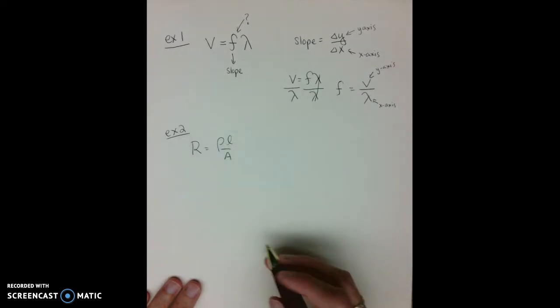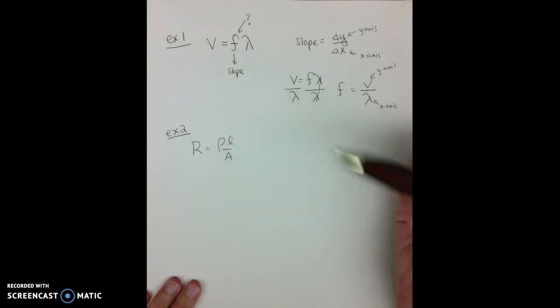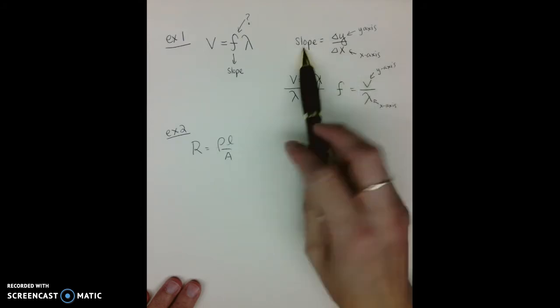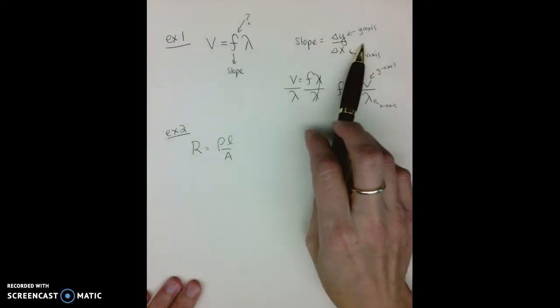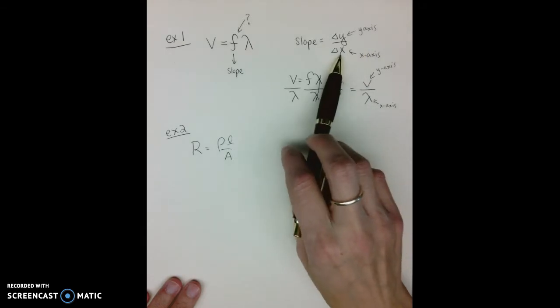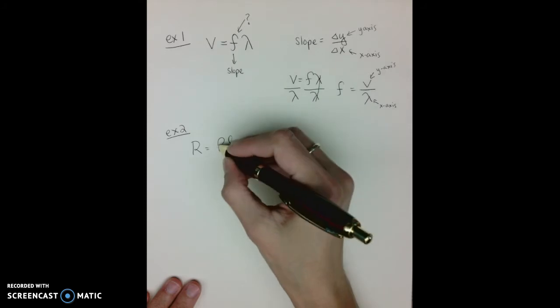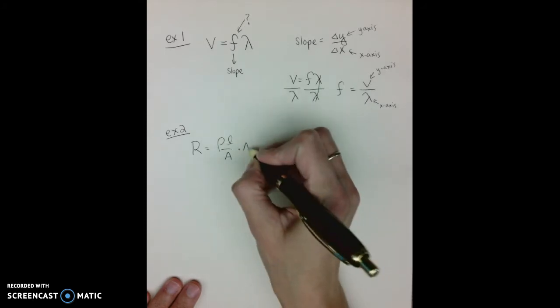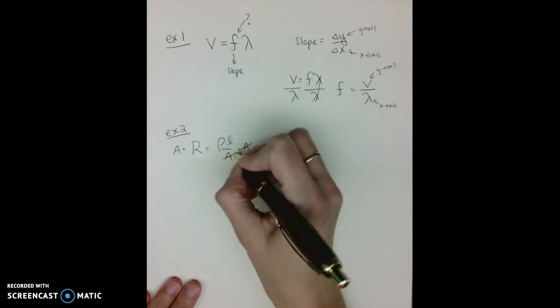And so the way that I would do that, again, is I'm going to isolate rho so that it's in the position of slope, and then whatever's on the top of my fraction would be on the y-axis, and whatever's on the bottom is what I put on my x-axis. Okay? So I'm going to isolate rho. I'm going to do that by multiplying both sides by A to get A out of the denominator. Okay.